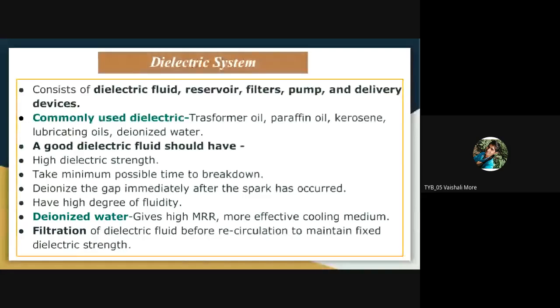Until its breakdown voltage is reached, it remains non-conductive. If our applied voltage is more than that, then and only then breakdown occurs.